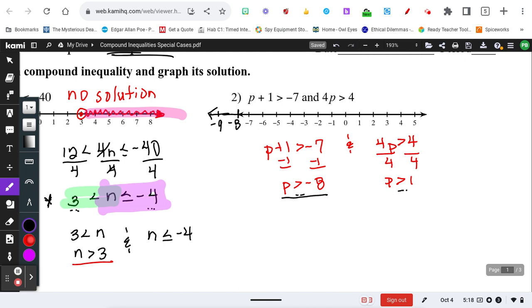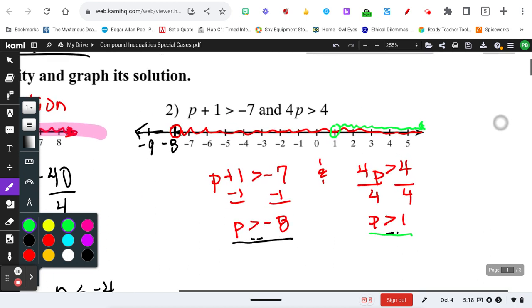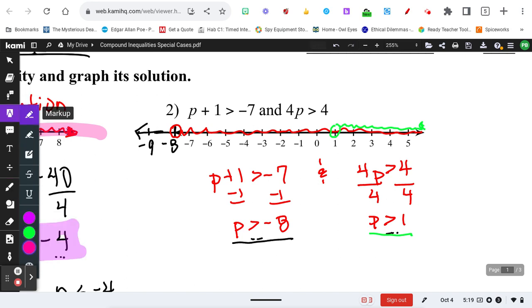All right, everything greater than negative 8, guys, is to the right. That's everything greater than negative 8. And then we have everything greater than 1 is right here. So now you're looking for where they overlap. Okay, instead of these overlapping in the middle, guys, they're overlapping on the tail end. They're overlapping right here.